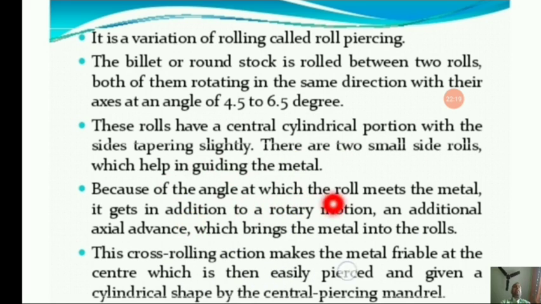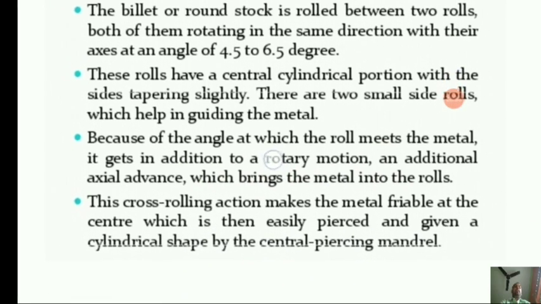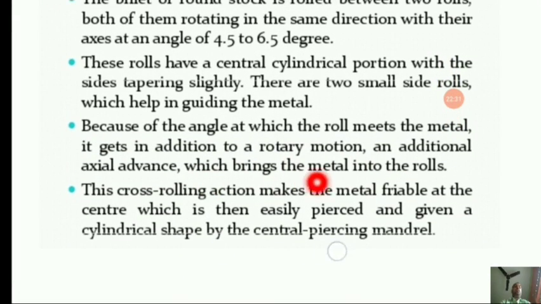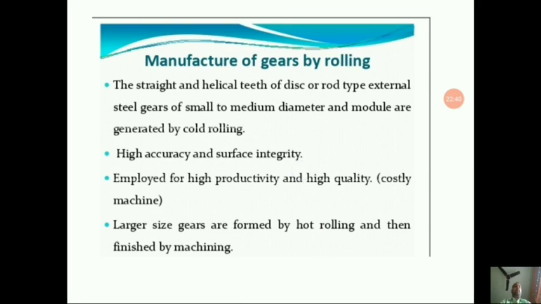Because of the angle at which the roll meets the metal, in addition to rotary motion it gets an axial advance, which brings the metal into the rolls. This cross rolling action makes the metal friable at the center, which is then easily pierced and given a cylindrical shape by the center piercing mandrel.